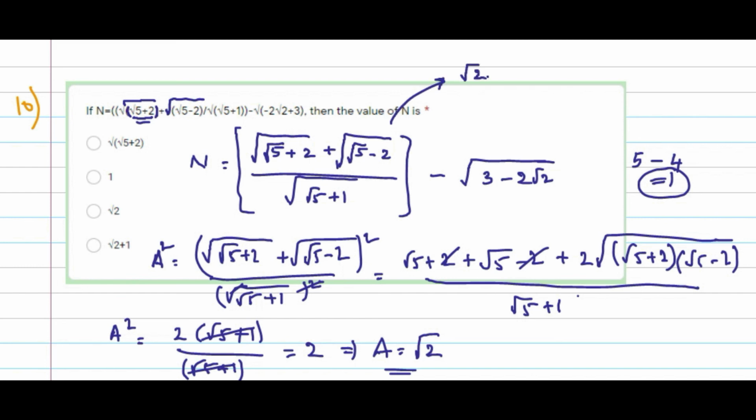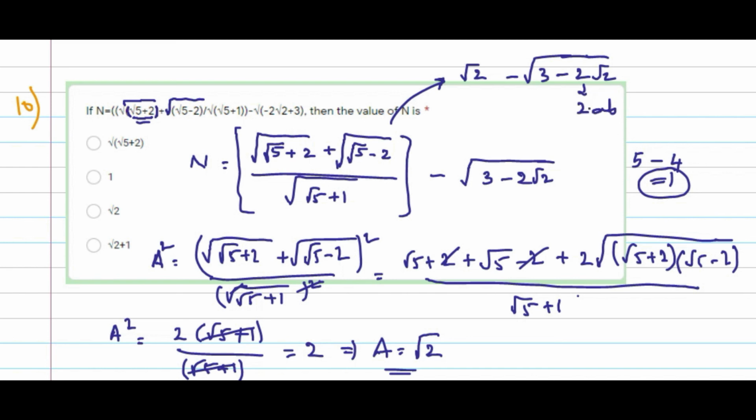So it is root 2 minus the square root of 3 minus 2 root 2. Now let me try to convert this into a perfect square. To convert 3 minus 2 root 2 into a perfect square, the multiple of 2 should be 2ab type of thing.